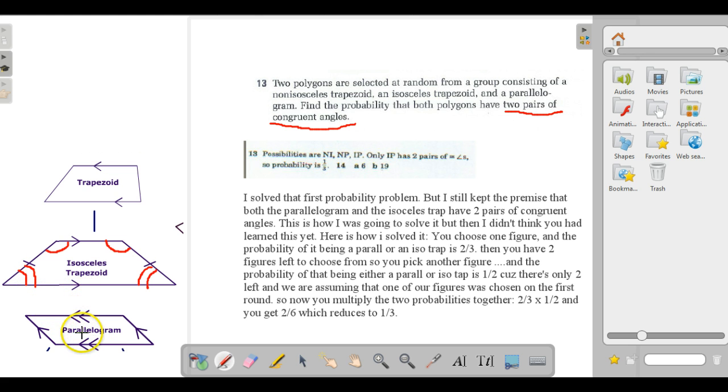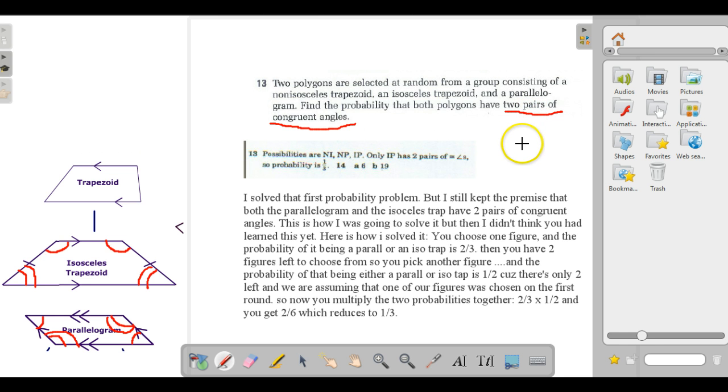As well, the parallelogram: here's one pair that are congruent to each other, and here's another pair that are congruent to each other. So those are our figures. There's two out of the three figures that have what we're looking for.